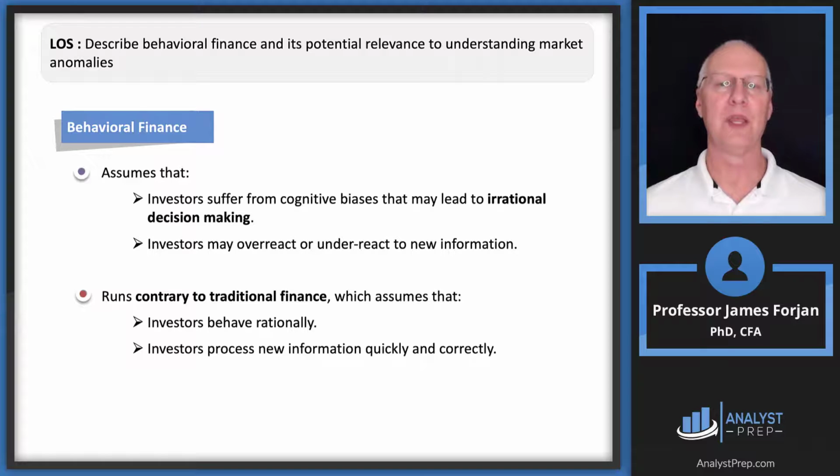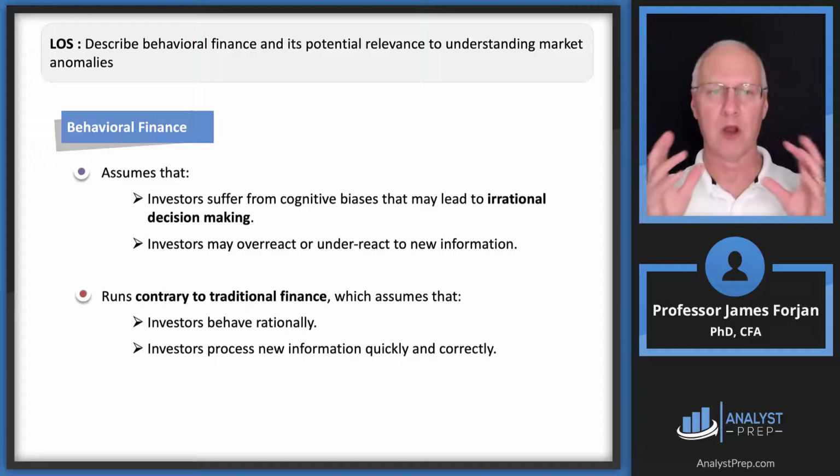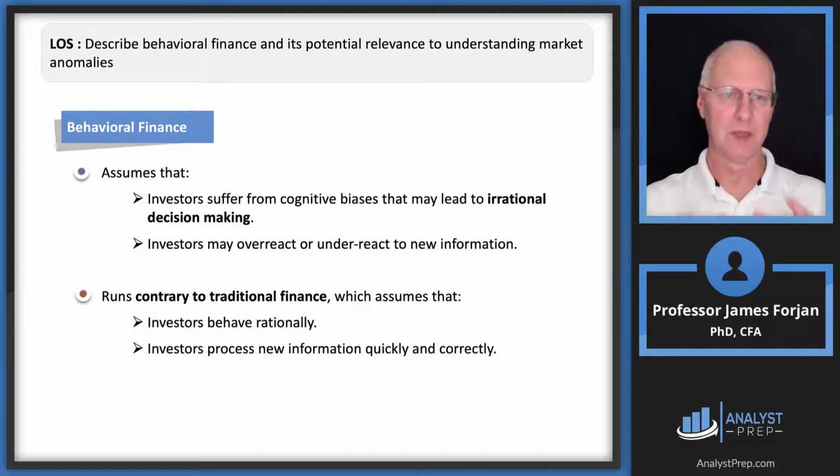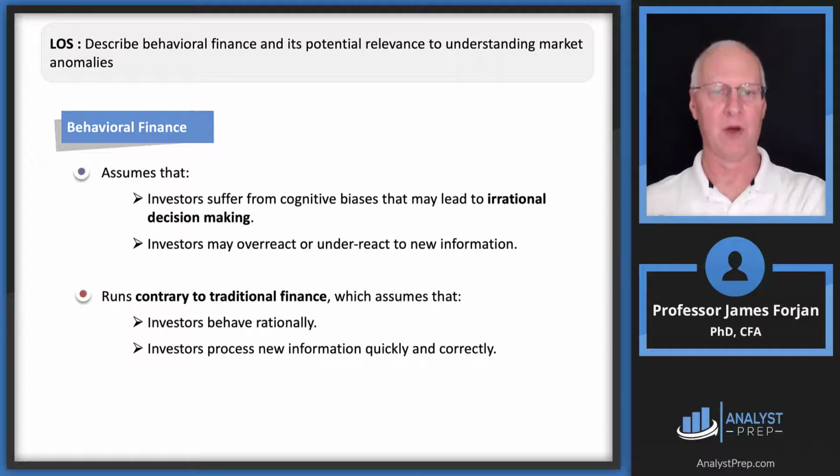It leads to irrational decision making, which may lead to over or underreaction to new information. So this is super important. If you are a behavioral finance believer, then you do not believe Eugene Fama and the efficient markets hypothesis, because you believe that investors are irrational and their decision making is going to be irrational.